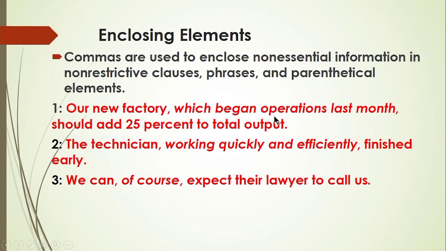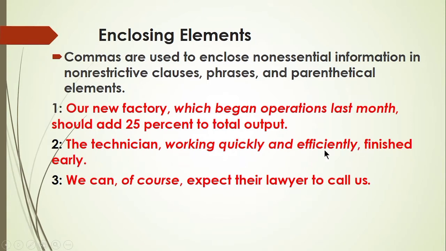Now, which began operations last month? This clause is non-essential information, so we enclose such information in commas. The main structure is our new factory should add 25% to total output. The technician, comma, working quickly and efficiently, comma, finished early.